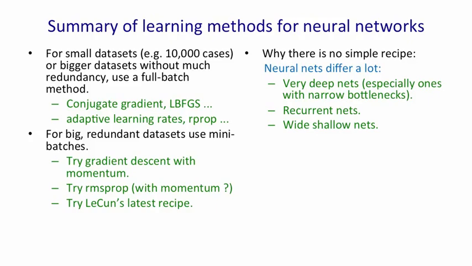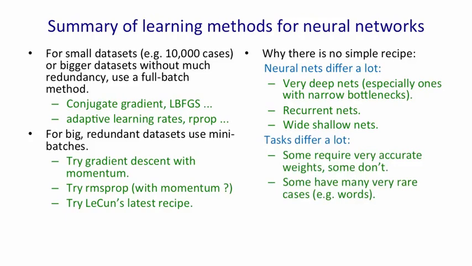Recurrent nets are another special case. They're typically very hard to optimize if you want them to notice things that happened a long time in the past and change the weights based on those things. Then there are wide shallow networks, which are quite different in flavour and are used a lot in practice. They often can be optimized with methods that are not very accurate, because we stop the optimization early before it starts overfitting. So for these different kinds of networks, very different methods are probably appropriate.